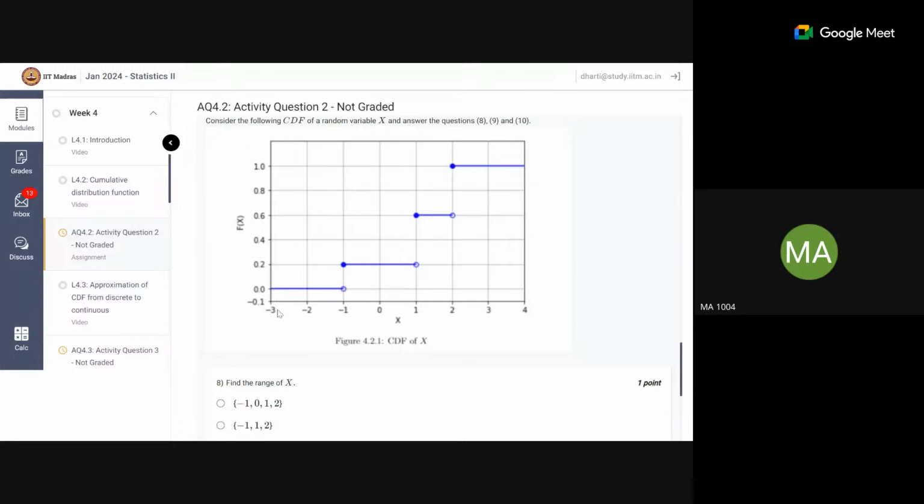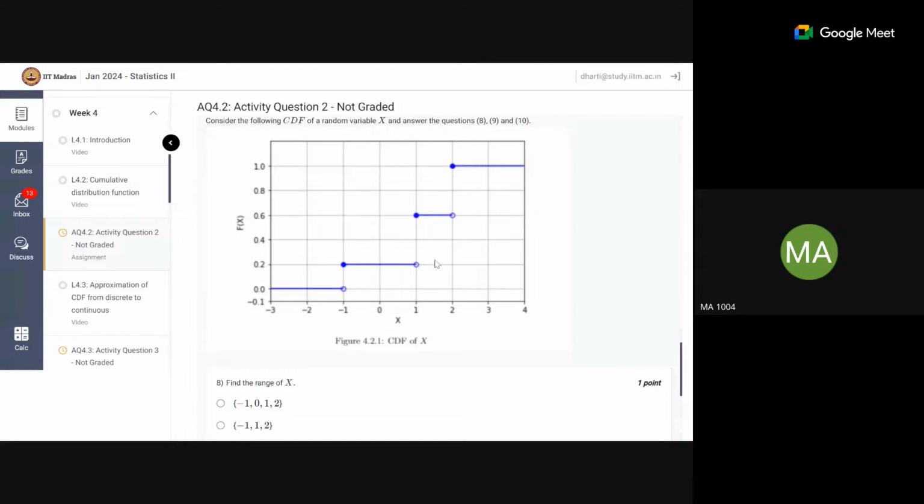For till -1 you got 0 because there were no values taken by x. But when your range was -1 to 1, at that point x may have taken some particular value and the probability increased by 0.2.